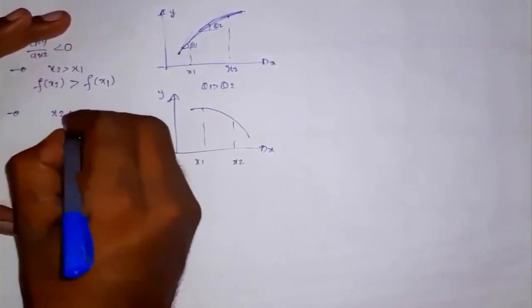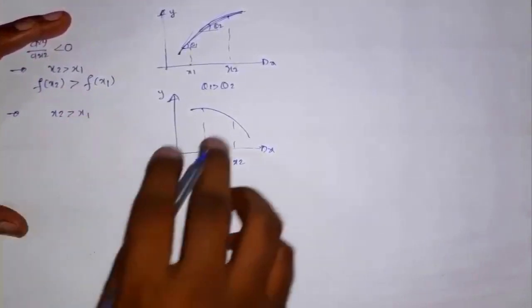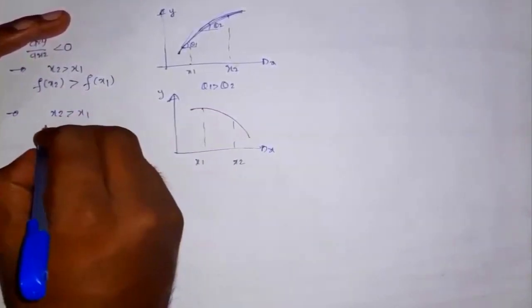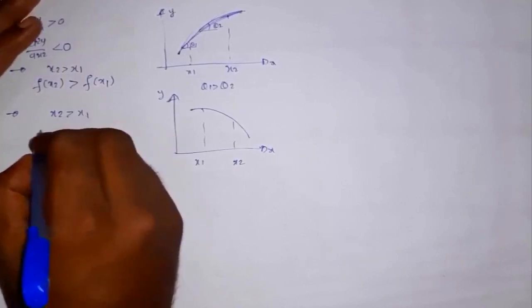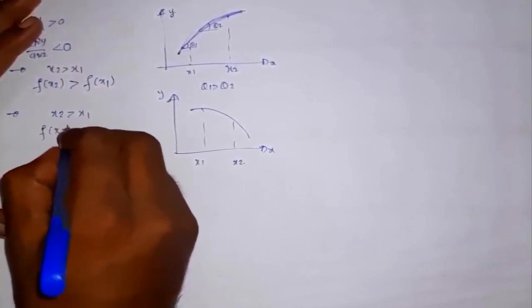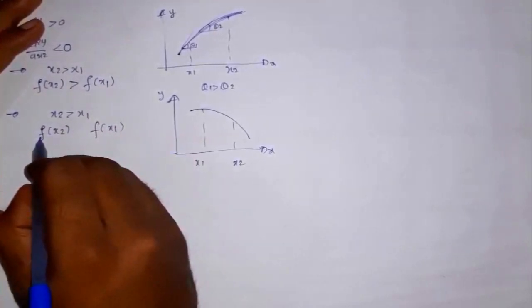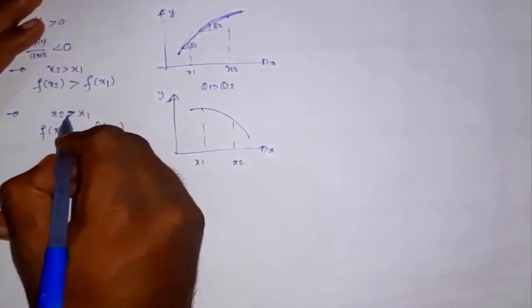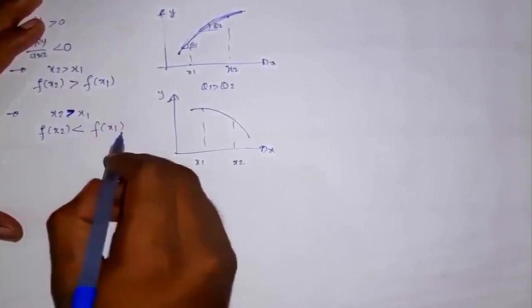We know x2 is greater than x1. Now if this function is decreasing, then what will happen? If the function f is decreasing, then the sign of the inequality will change. That means f(x2) is less than f(x1).